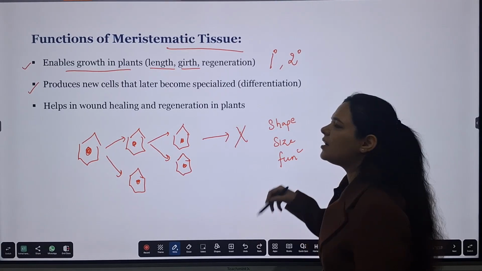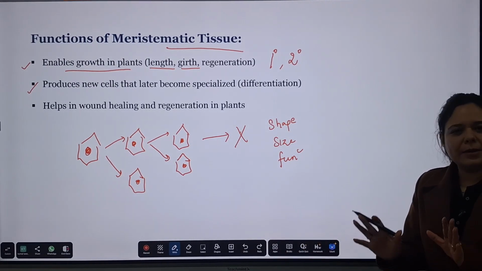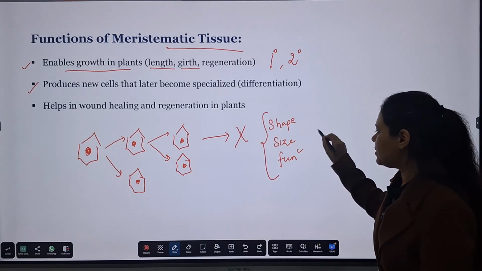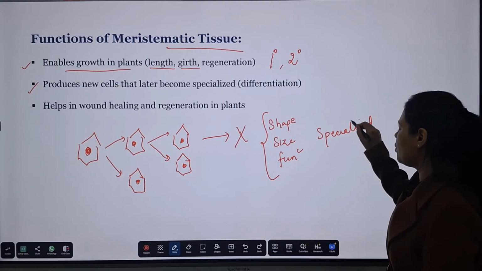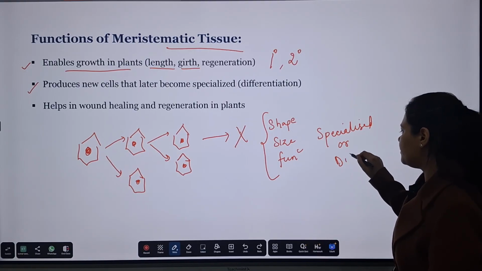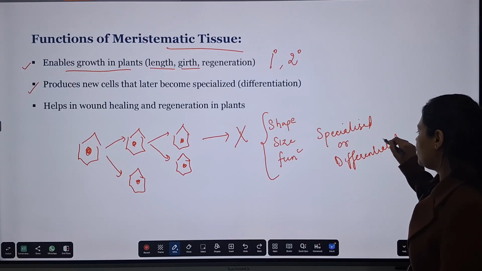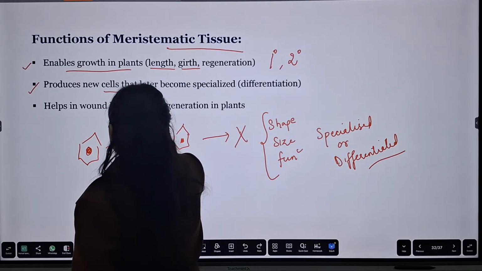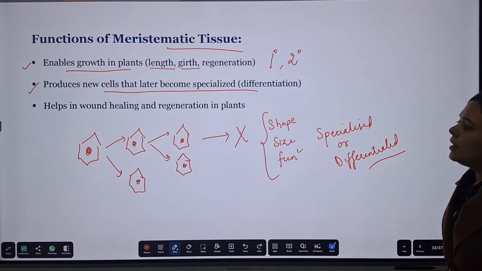Depending on where they are located in the plant, they will attain the particular shape, size, and they become specialized, you can say. Or we can say differentiated. So, meristematic cells give rise to specialized cells later on, right?